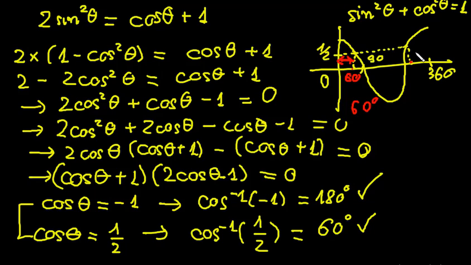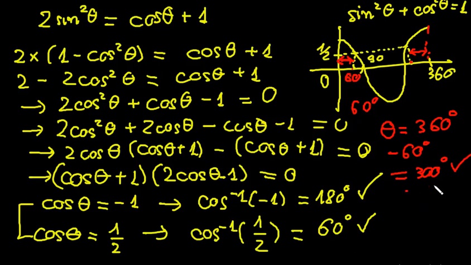It's also the same distance from 360 to that point. So in order to find my third value, I would have to take theta equal to 360 degrees minus 60 degrees, which is equal to 300 degrees. So this one is my third value.